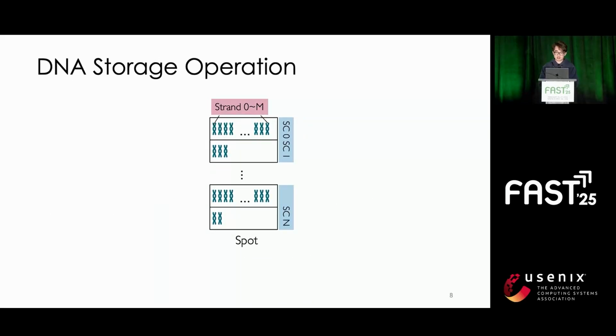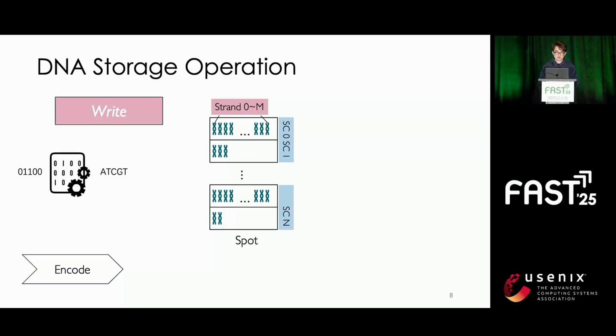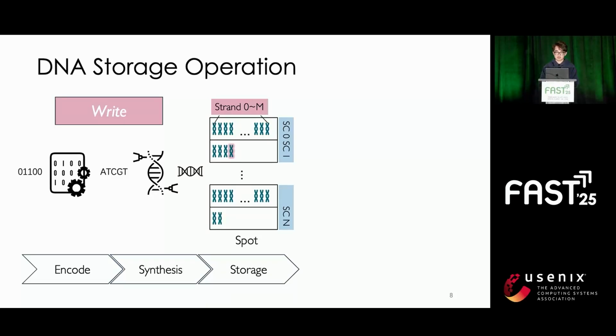The DNA storage hardware supports 3 operations: write, read, and erase. For the write operation, we first encode the binary data into a nucleotide sequence, then synthesize the DNA strand with the corresponding nucleotide sequence, and finally store the strand into the spot.